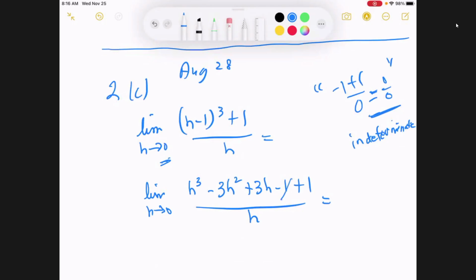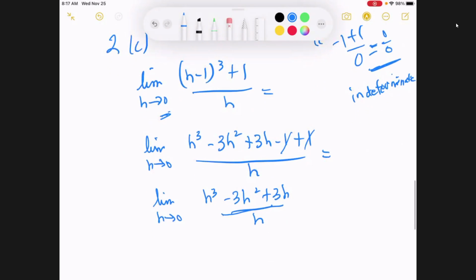And the 1's cancel out. All right, so then you've got the limit as h goes to 0 of (h cubed minus 3h squared plus 3h) over h. Can't plug in 0 here either. Still get 0 over 0. Keep looking. But now every term in the numerator has an h in it, so I can factor an h out of the numerator.